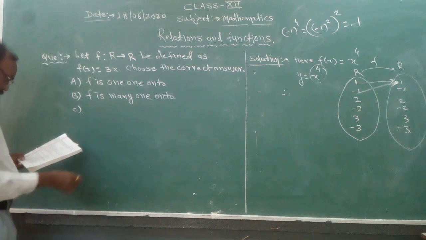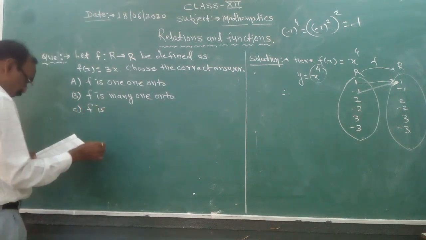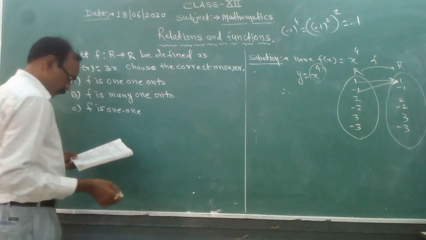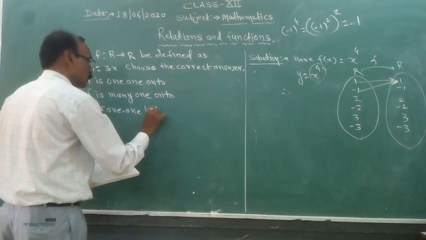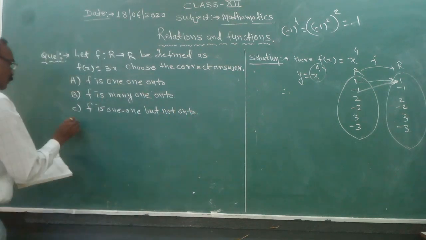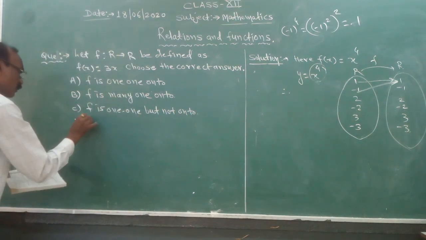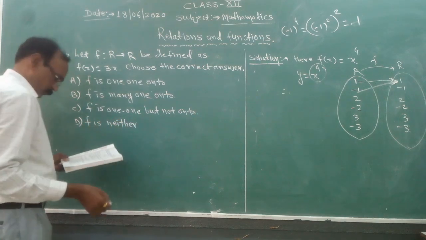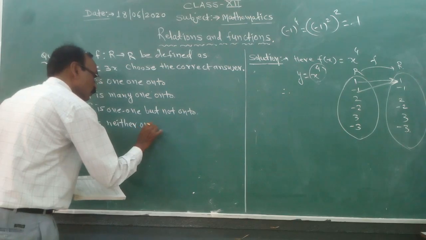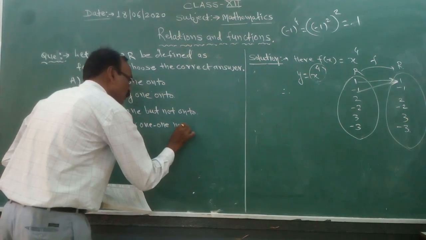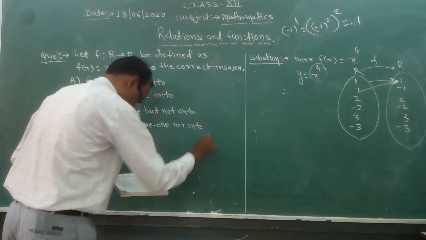Option C is f is one-one but not onto. And option D is f is neither one-one nor onto.